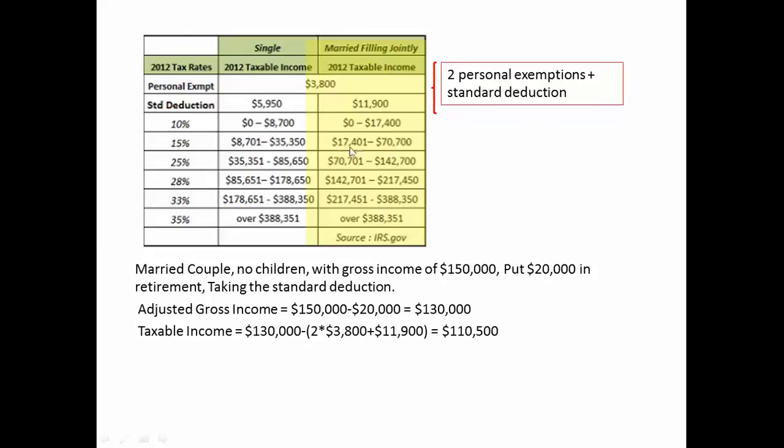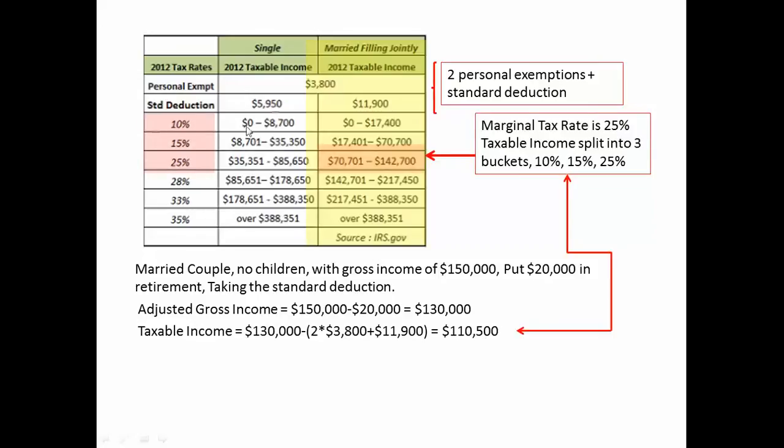Then the amount between 17,400 and 70,700 is going to be taxed at 15%. And the remainder of their income, from 70,700 to 110,500, is going to be taxed at 25%. So we have a marginal tax rate of 25%, but their taxable income is split into three buckets: a 10% bucket, a 15% bucket, and a 25% bucket.